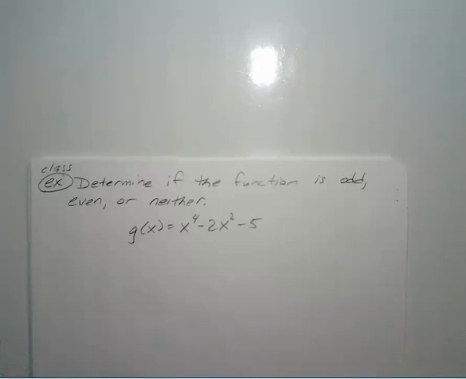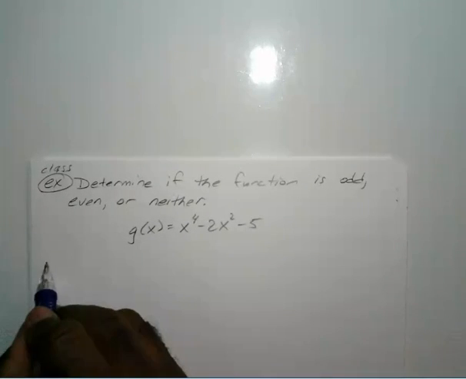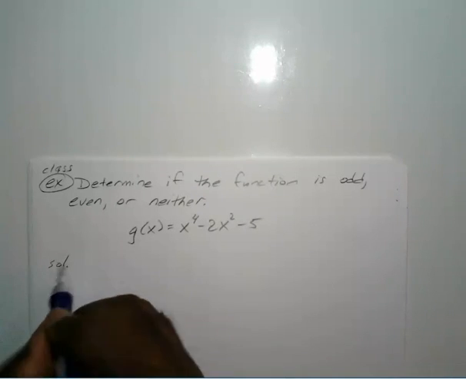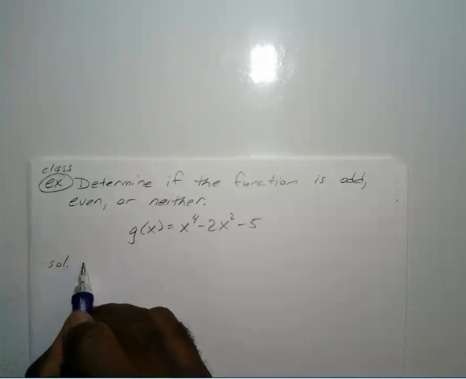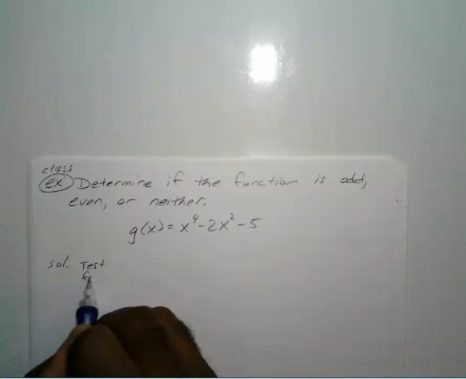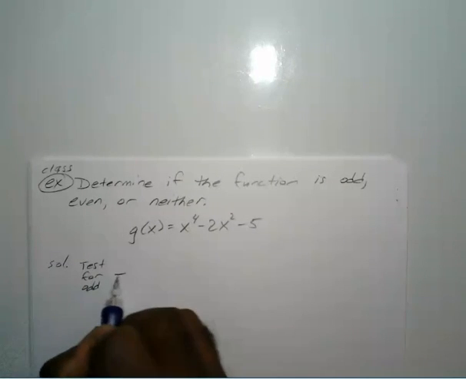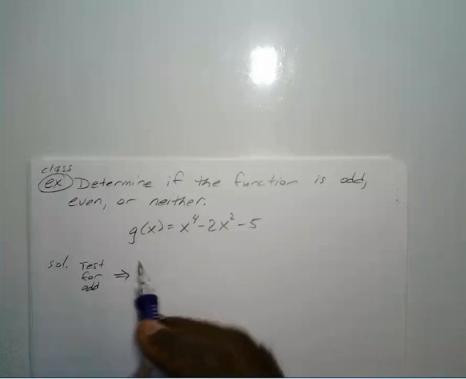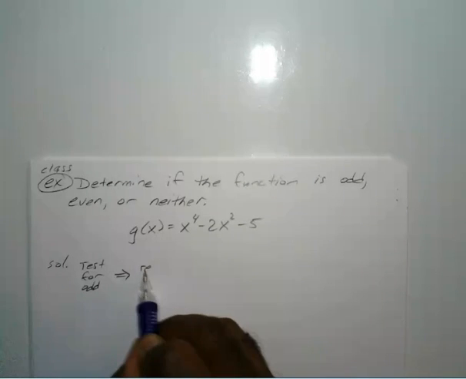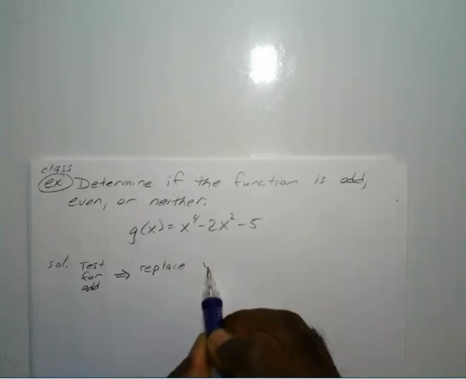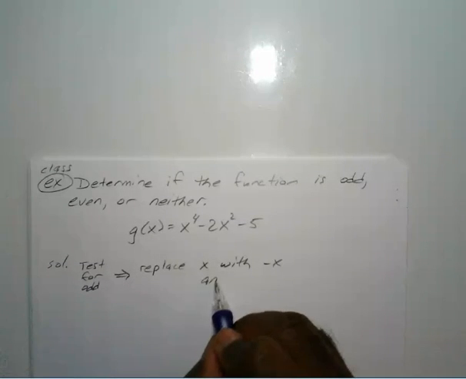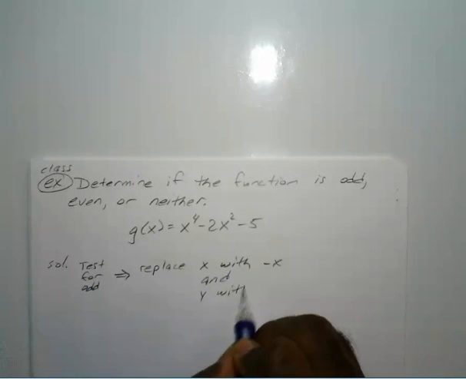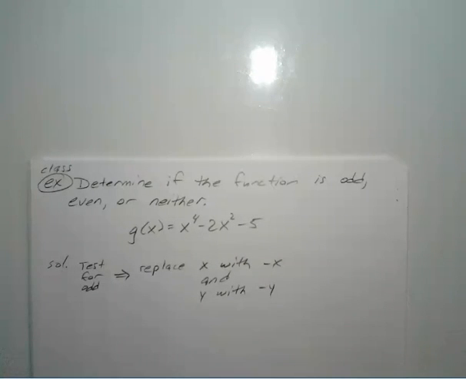All right, so assuming you press pause and work this one out on your own, we're going to try and verify your answer. Okay, so first we test for an odd function. So remember, for an odd function, we replace x with negative x and y with negative y.